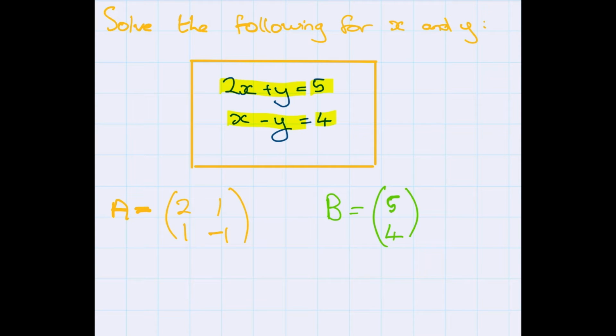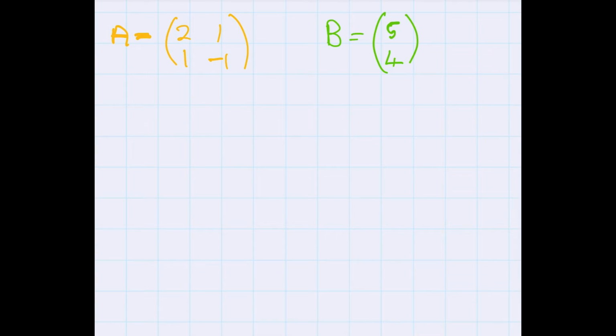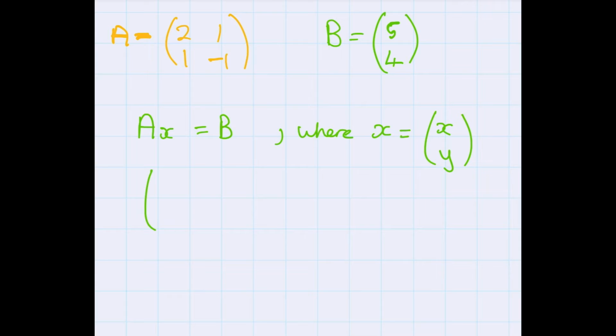So now, essentially what we have is an equation AX equals B, where X equals x, y. Because if we now look at our matrices, we have 2, 1, 1, minus 1 times x, y equals our B, 5, 4.